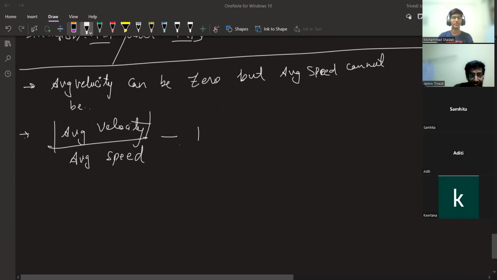What is it? It can be 1 or it can be more than 1. Why do you say so? Because speed is in the denominator. It can be any value, but velocity is over displacement. Think, why can't it be less than 1? Sir, I'm confused.